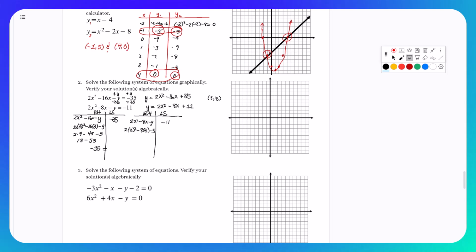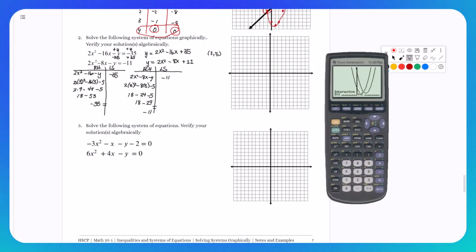Well, 2 times 9, still 18. And 8 times 3 is minus 24 minus 5, which is 18 minus 29, which is minus 11. So we have negative 11 equals negative 11. So the right-hand side also equals the left-hand side. So this is the solution to the system of equations.